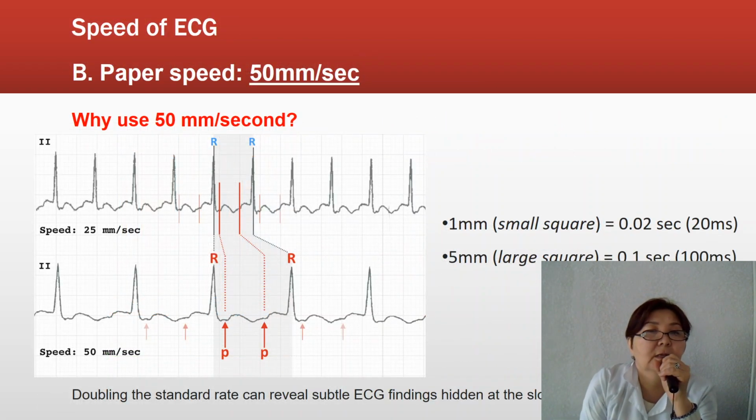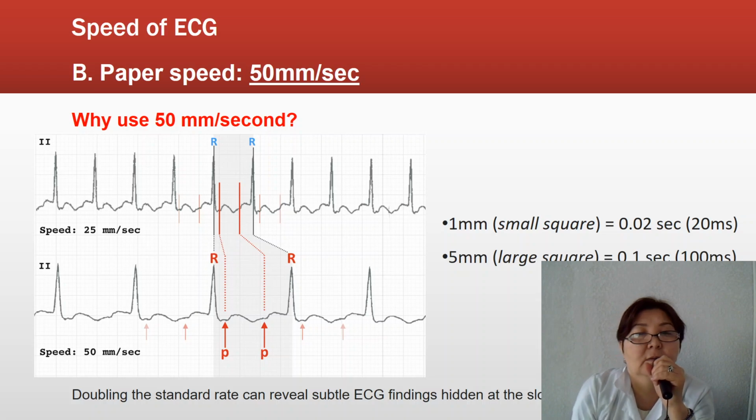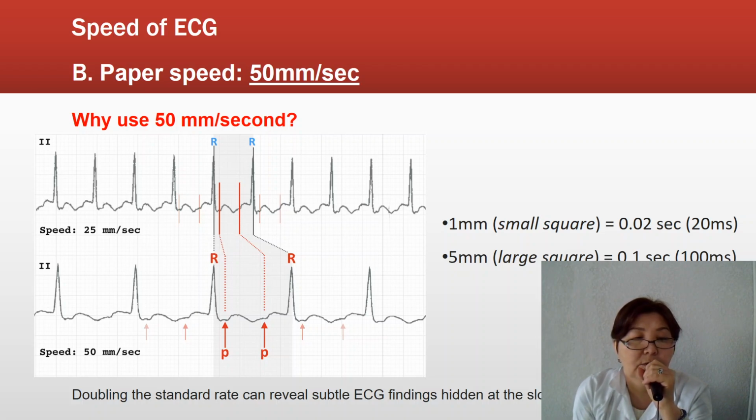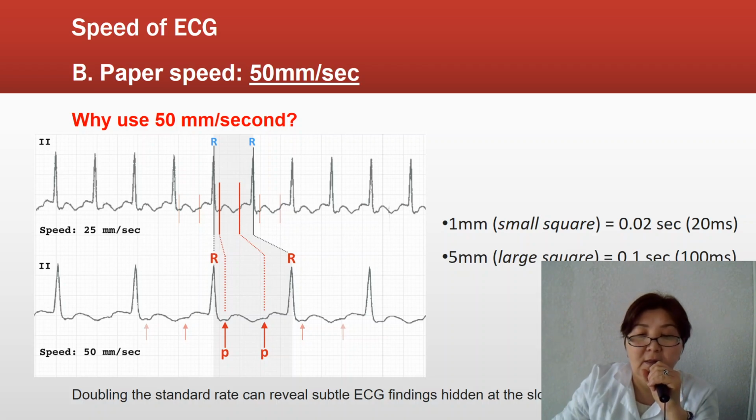Next paper speed is 50 millimeter per second. Why do we use 50 millimeter per second? Doubling the standard rate can reveal subtle ECG findings hidden at the slower rate.